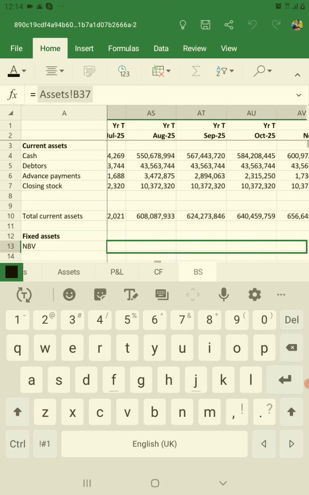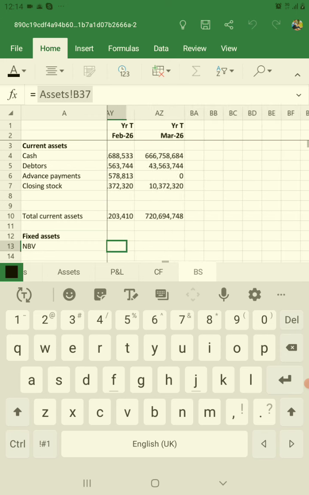The formula is applicable on each month.